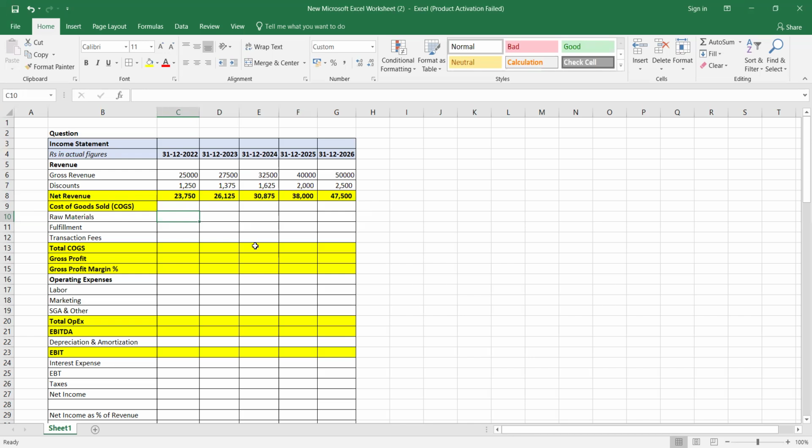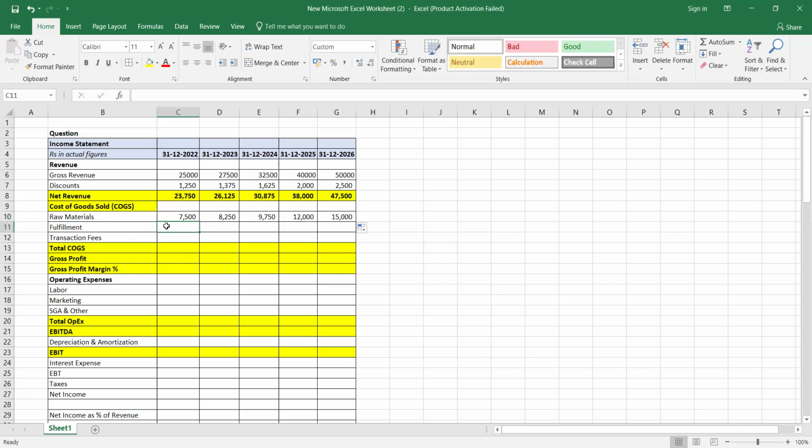Gross revenue. So is equal to, see, raw materials to be calculated as 30% of gross revenue. Select this gross revenue into 30%. You will get this answer. Same answer, you can drag it.